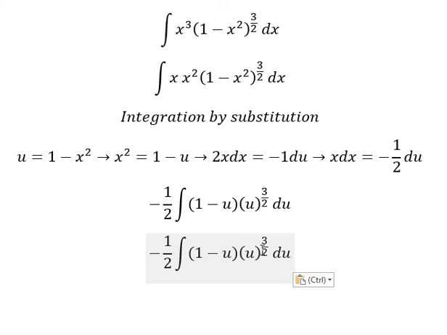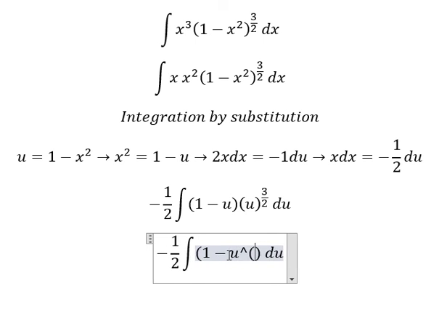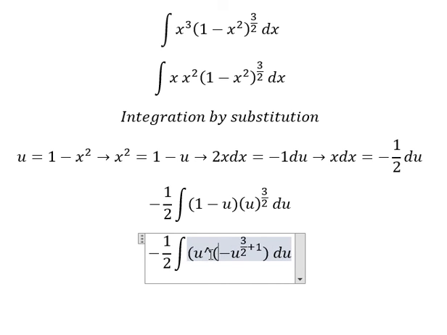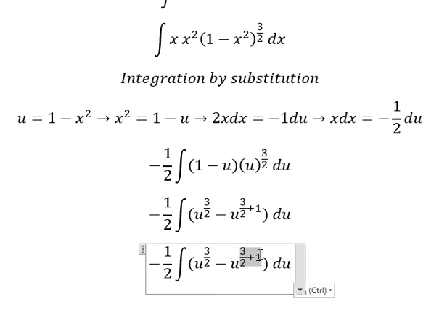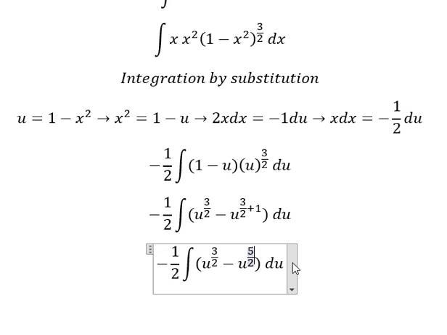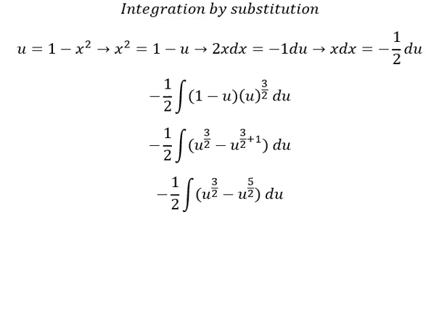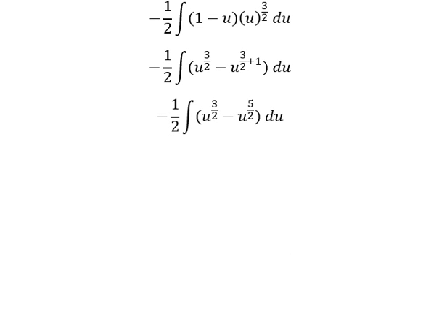Next, we multiply this one by number 1 and u. And this one is about 5 over 2. And now we have the formula in here.